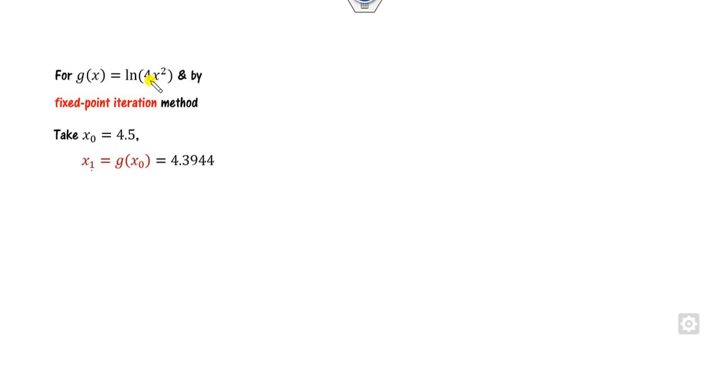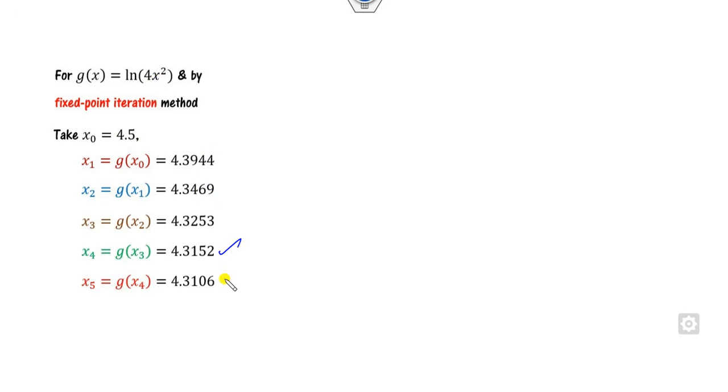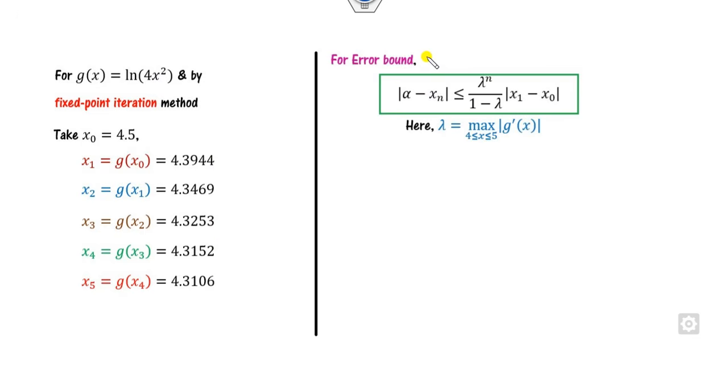So for x1, I substitute the value here and you get this expression. Then x2, I substitute this value here and you get this value. I substitute this value here, again you get this value. Similarly x4 and x5. The last part is you have to find the error bound.